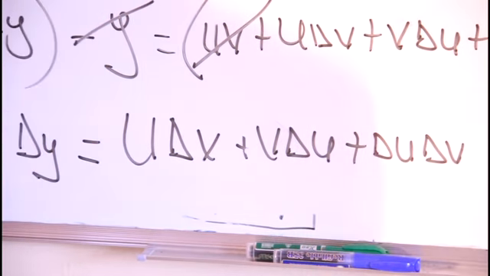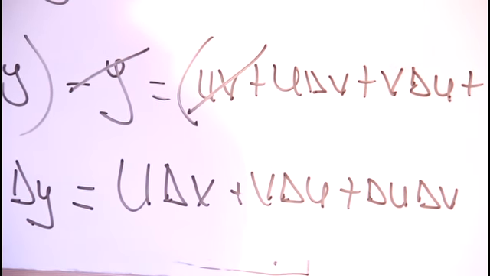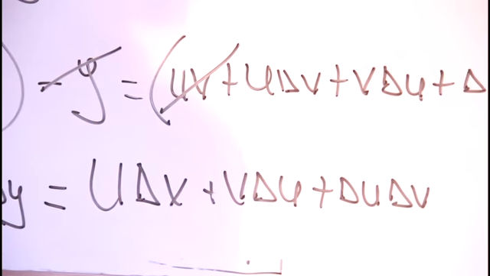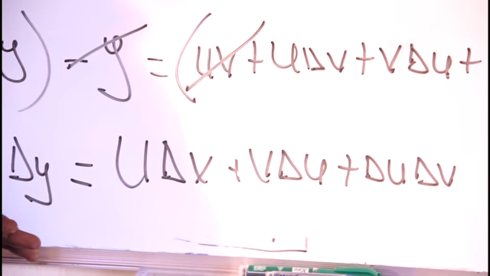Now what else do we need to do? The next step is to divide all through by change in x, since we are looking for the gradient and our gradient is always change in y over change in x.